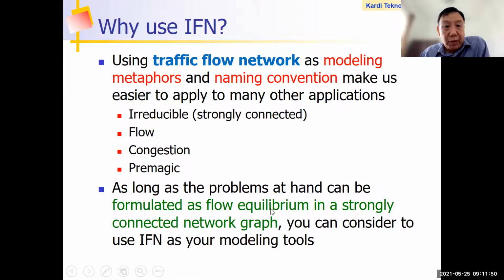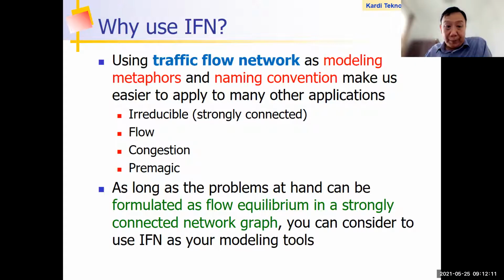So the question is, why do we want to use IFN? IFN is basically a modeling metaphor. Using a traffic flow network as a modeling metaphor and naming convention makes it easier to apply in many other applications.